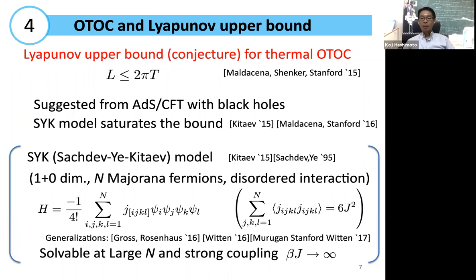And there are many works following Kitaev's proposal, including Jeff's very nice work about the supersymmetric generalization of SYK. There is a big development about how to evaluate four-point correlators and also OTOCs with this generalized SYK model. And people calculated the Lyapunov exponent and saw this saturation.